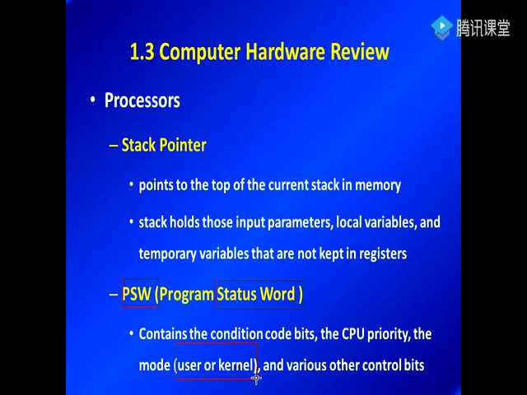So when the CPU fetches an instruction, decodes it, and finds it's relevant to I/O operations, and this instruction can be executed only by the operating system, under kernel mode only, the CPU will check the PSW. It will check the mode, see if the mode matches the instruction, and decide to deny or to execute it.